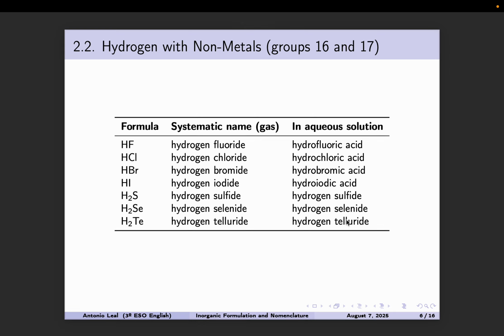Then hydrogen with non-metals, groups 16 and 17. These are the formulas and the systematic names: hydrogen fluoride, hydrogen chloride, hydrogen bromide, hydrogen iodide, hydrogen sulfide, hydrogen selenide, hydrogen telluride.